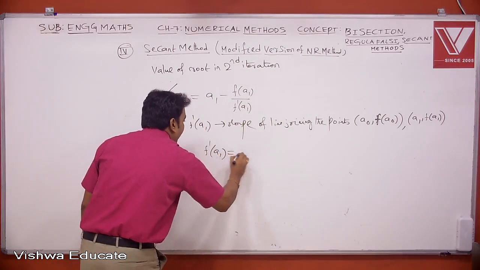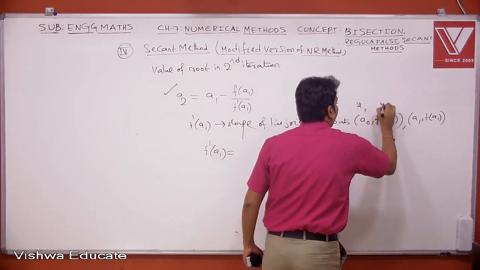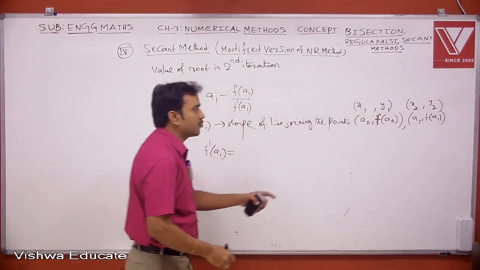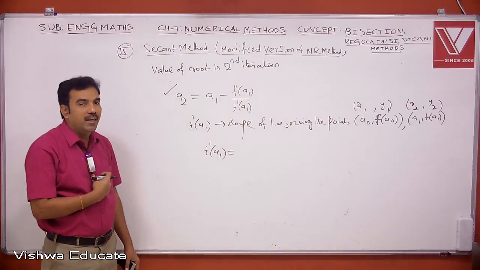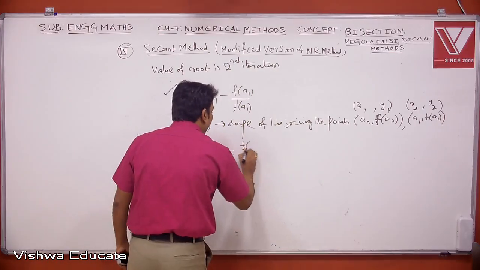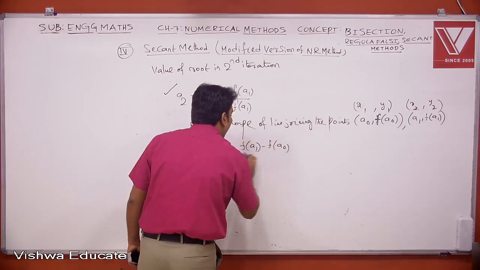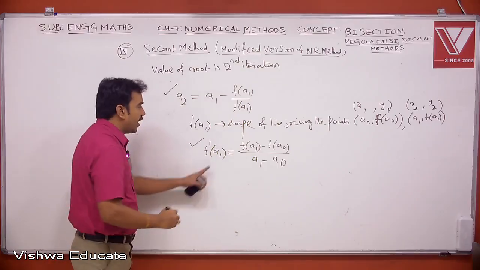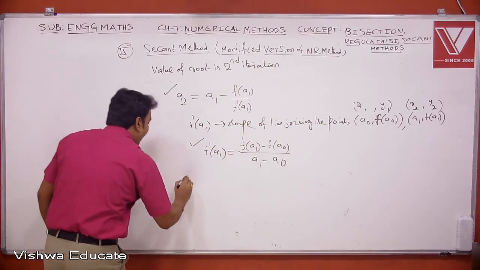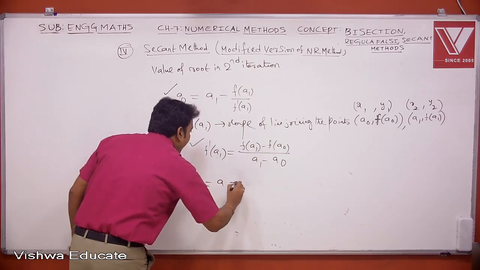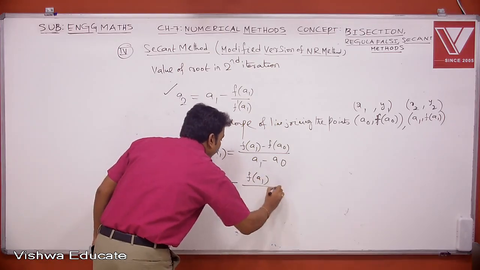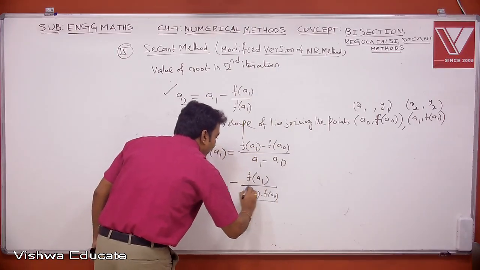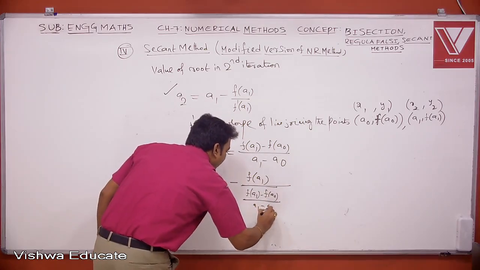For example, call these points x1 y1 and x2 y2. The slope of the line joining them is y2 minus y1 by x2 minus x1. Let us apply the same. Then this becomes f of a1 minus f of a0 divided by a1 minus a0. So if f dash of a1 is replaced by this, the value of a2 becomes a1 minus f of a1 divided by f of a1 minus f of a0 over a1 minus a0.